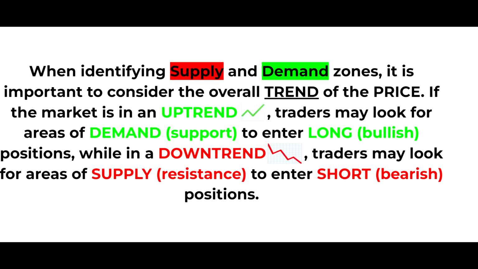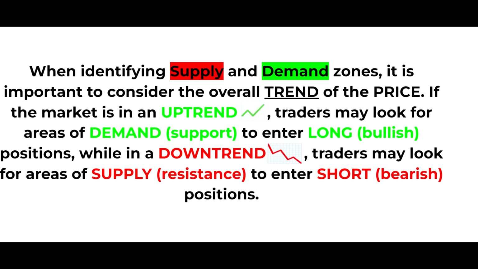So last but not least, we talked about one of my favorite strategies to combine with supply and demand zones. So when identifying supply and demand, it is important to consider the overall trend of the market. If the market is in an uptrend, you want to look for demand areas or support to enter long positions.